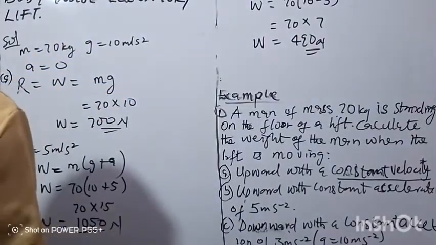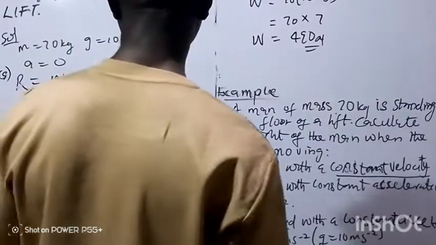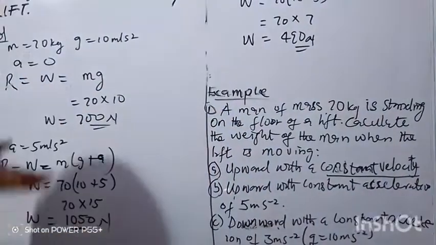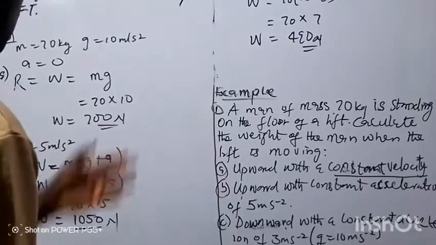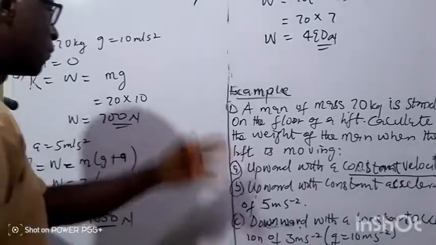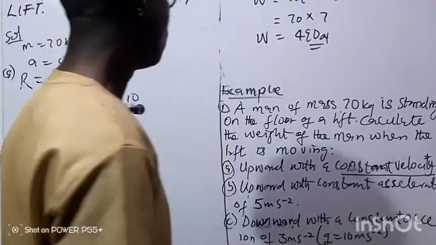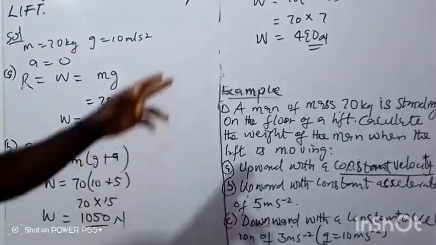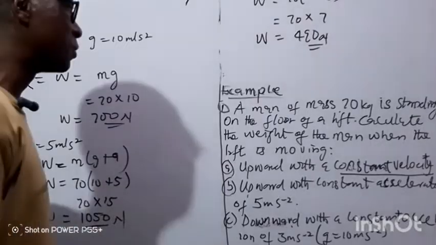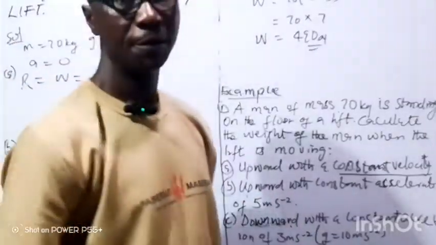Inside the lift, the reaction is upward and the action is downward, which is the weight of the body. So we use this calculation to support in calculation what we explained in theory. Let's take this one as example 2.